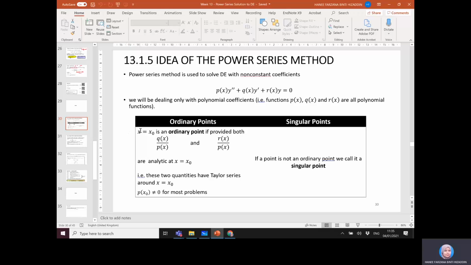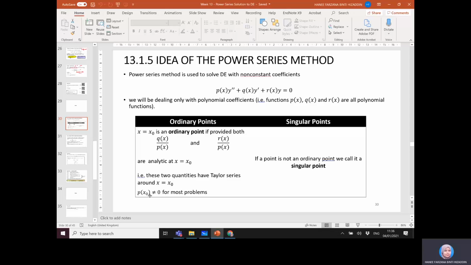We say that x equals x naught is an ordinary point if both of these ratios, given the ODE in the standard form like what you saw in this slide, so you find Q of x over P of x and R of x over P of x, and both quotients of these functions are analytic at x equals x naught, then we say that x naught is an ordinary point, because these two quantities will have a Taylor series around x equals x naught.